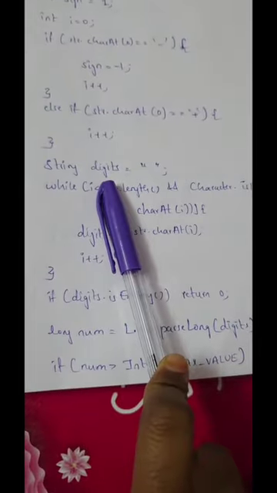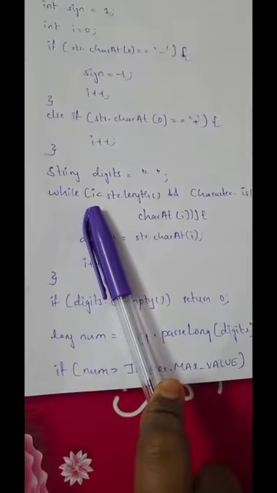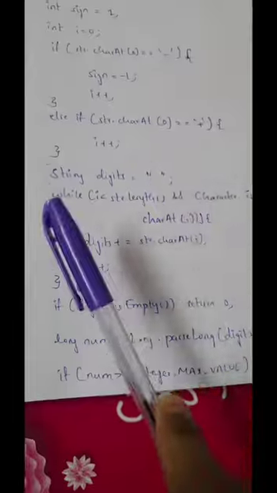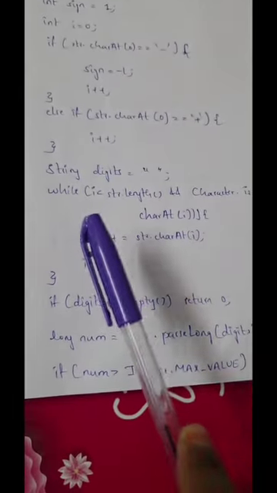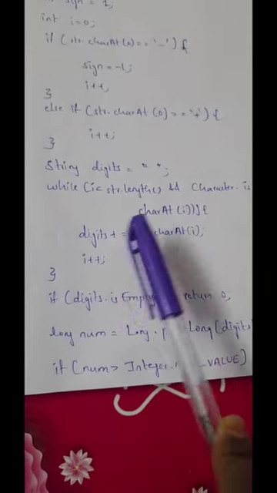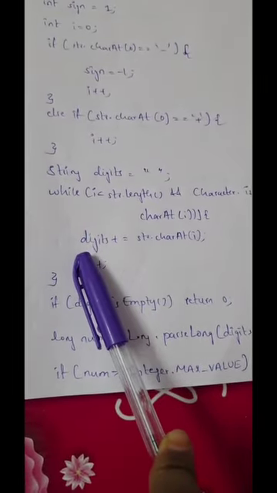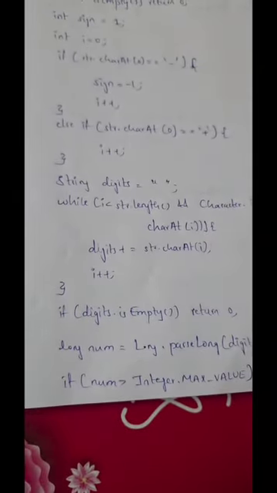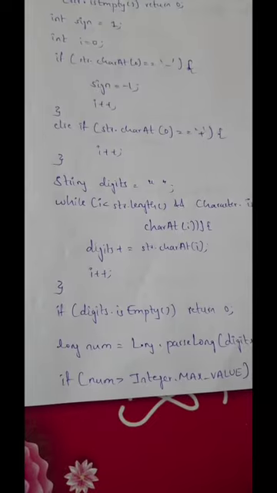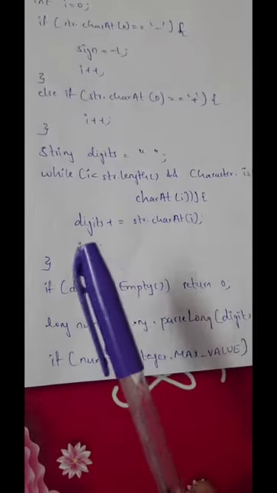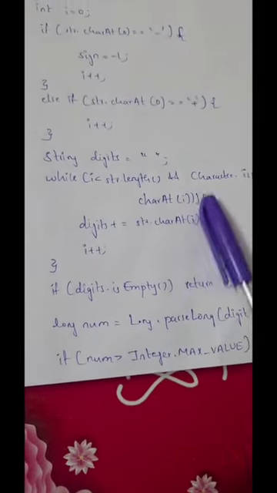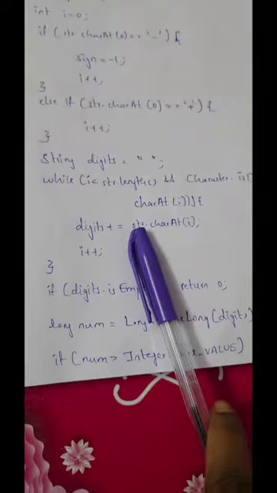String is immutable, so we cannot add or insert anything into it. We use the existing digits and create another one. Even if you use the same variable, it points to a different object in a different memory location of Java. Did you get this? This makes the time complexity O of n square.